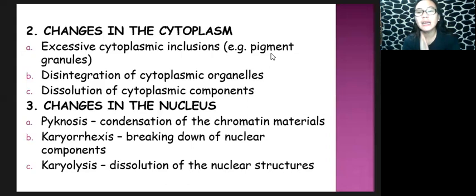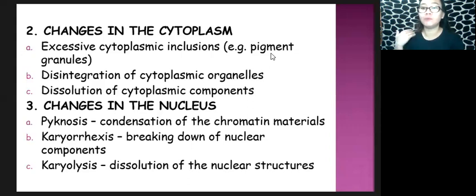In addition to your pycnosis, karyorrhexis and karyolysis may also take place. When we say karyorrhexis, this pertains to the breakdown of your nuclear components. Karyolysis, on the other hand, refers to the dissolution of your nuclear components, such as what happens also in the cytoplasmic structures of your cell.